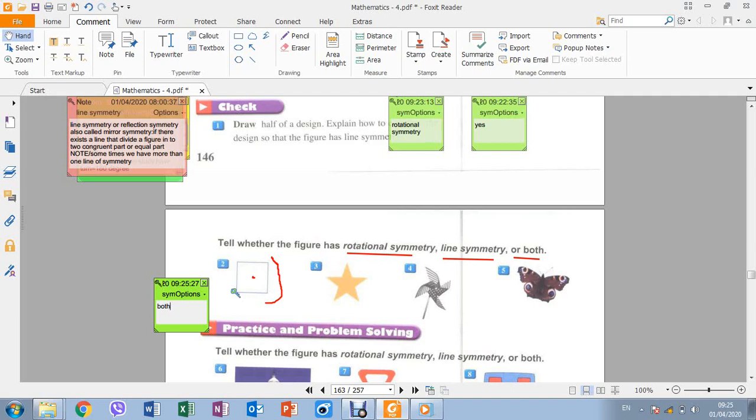And for line symmetry, look, draw a line in the middle. Look, it divides this into two equal parts. So this is what? This is line symmetry.